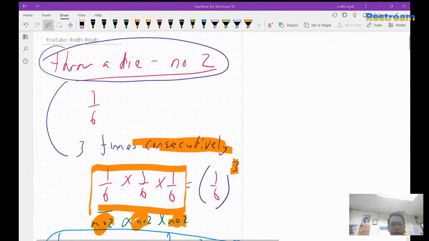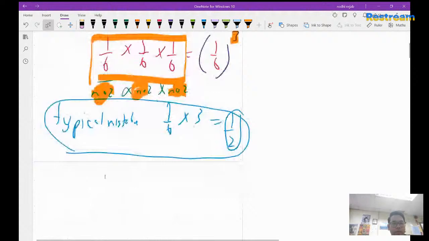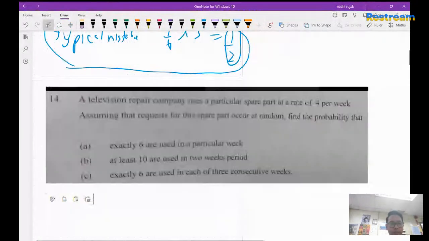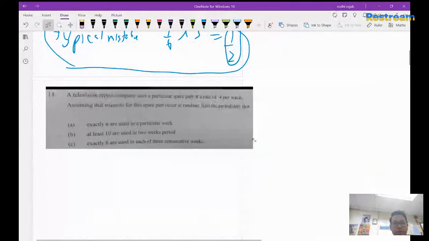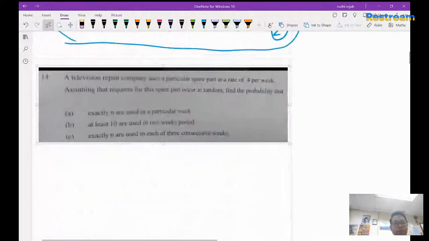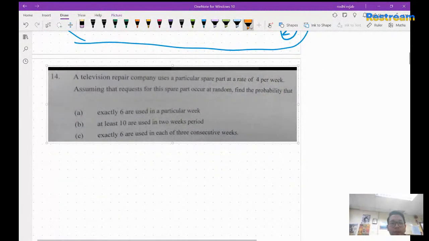Okay, the question that I would like to do is this one, 14C. It's written here, you want to get exactly 6 for 3 consecutive weeks.